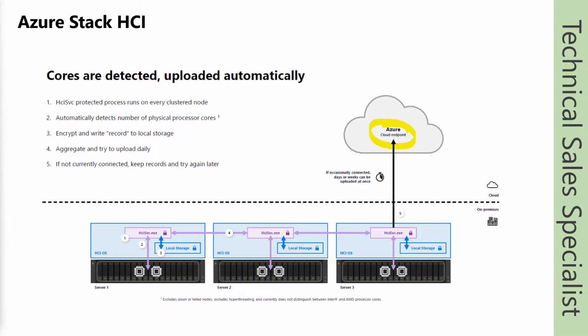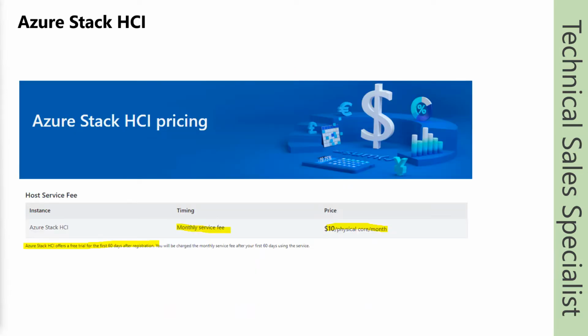then you don't break any licensing terms, because as soon as you have additional cores, the Azure Stack HCI cluster will upload this information to the Azure portal and you will be charged for these additional cores. The price is $10 per physical core per month, but for sure you can also change the number of cores within this month.